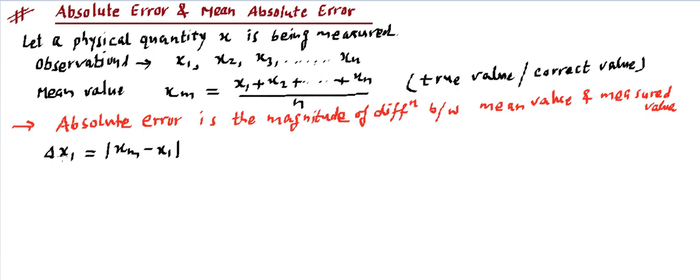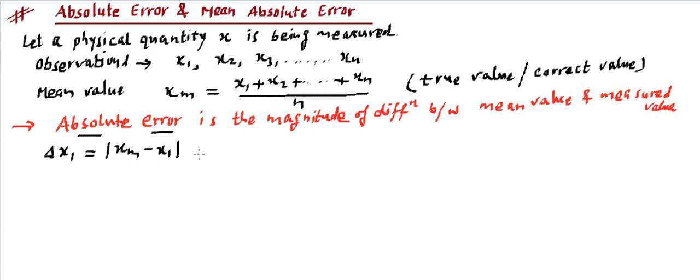We write this absolute error as a magnitude. For magnitude we put this modulus, and that's the difference between the mean value and the observed value. The observed value is x1, the mean value is xm. We are taking the mod so that it becomes a magnitude, and this is equal to delta x1. This delta x1 will be known as the absolute error in the first observation.